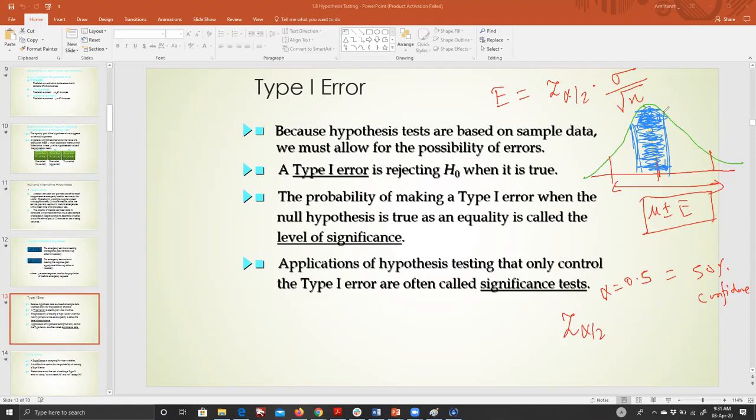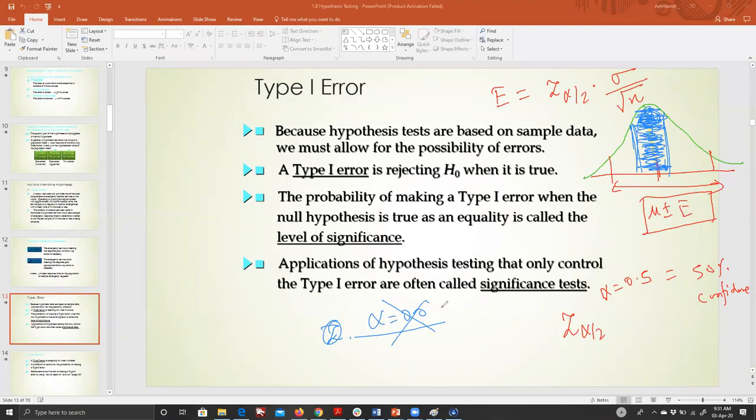What about if you took somehow 100% confidence then? Although it can't happen, of course, you cannot actually achieve this, but then you cannot ever reject the null hypothesis because basically it is encapsulating the whole range from negative infinity to positive infinity.